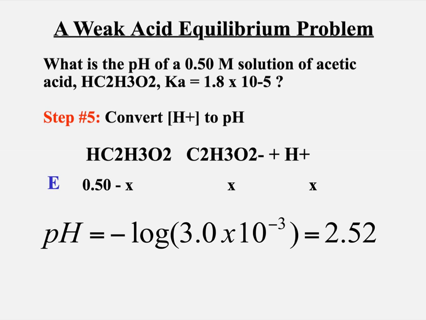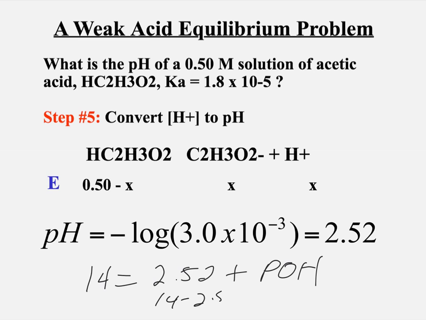And so the question was, what if I want to find the pOH? Then you would simply do, so pOH is quite literally 14 minus 2.52. And now you have your pOH.